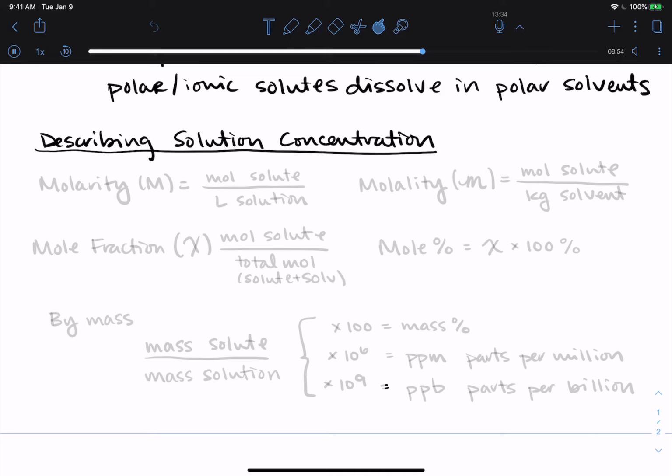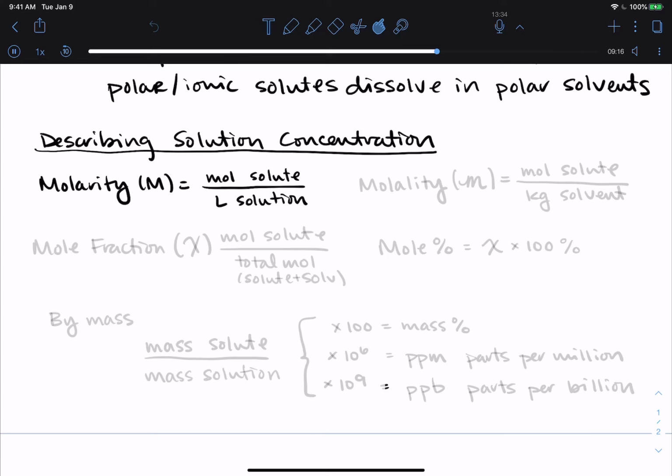So, one that you have seen before is molarity. Remember, we use a capital M for molarity, and this is moles of solute over liters of solution.